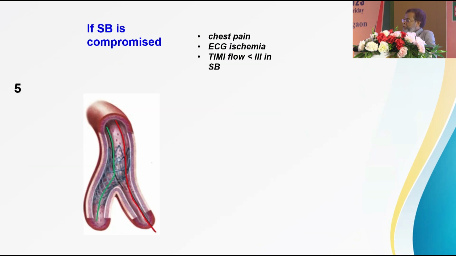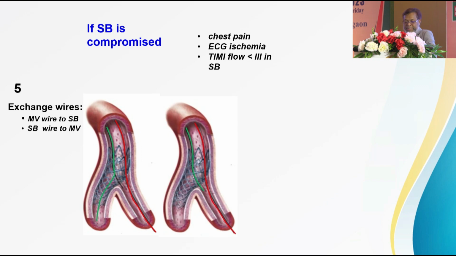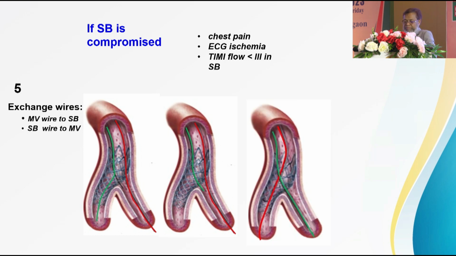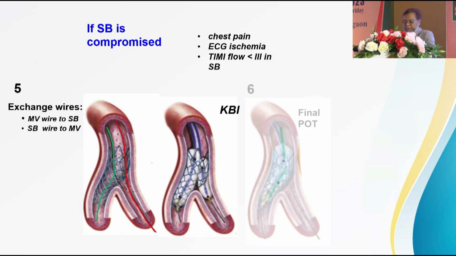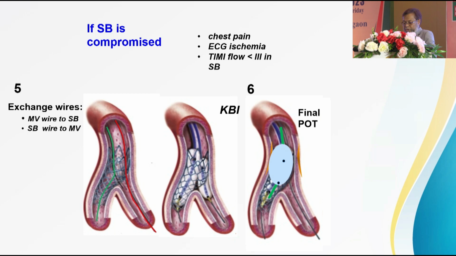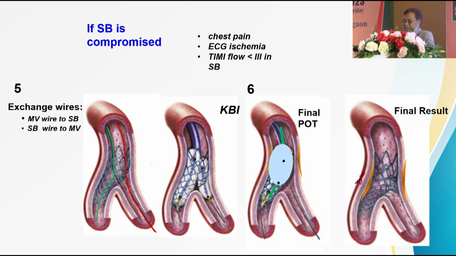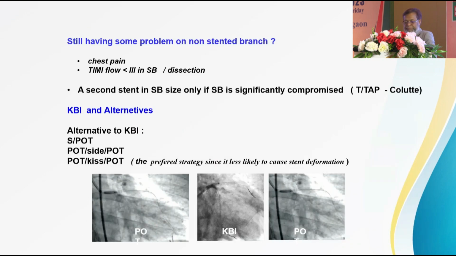If the side branch is compromised, with chest pain, ECG ischemia, or TIMI flow less than 3 in the side branch, only then do we require side branch intervention. In that side branch intervention, we do kissing balloon inflation and POT, and if necessary a second stent, and this is the final result.